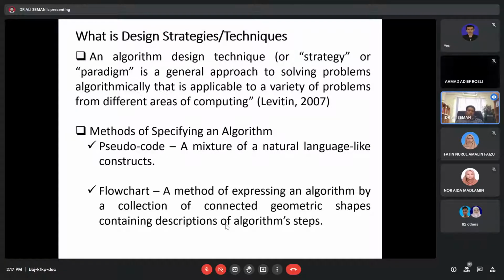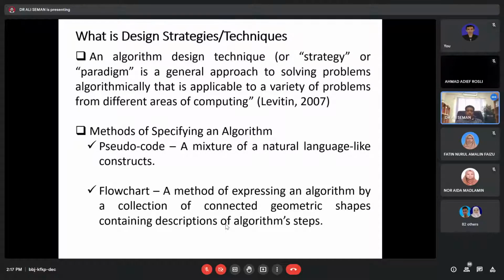Okay, next is the methods of specifying an algorithm. How can we describe or express the algorithm based on the design? Number one, pseudocode. What is pseudocode? A mixture of natural language-like constructs. We may use this to write the algorithm step by step, because an algorithm is a sequence of unambiguous instructions, as we defined earlier.